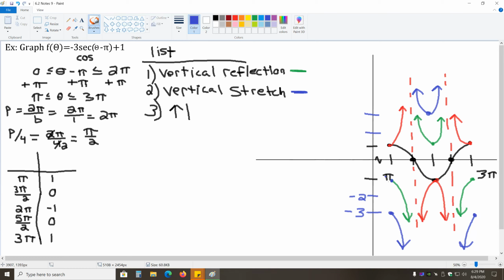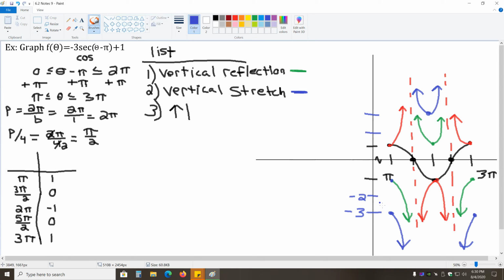I would like to redo it, but this is something that's so common, it is absolutely worth leaving so that you can see you have to be aware of this. Don't get caught up with that. Make sure you always remember that you multiply all of your y values by that 3 or whatever number is out front. So this would become a -3 as the starting point.